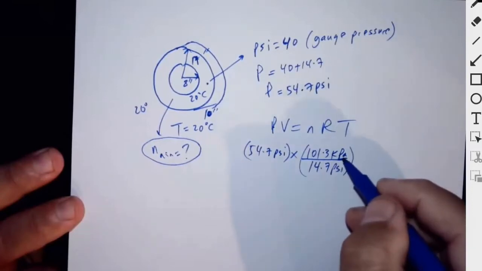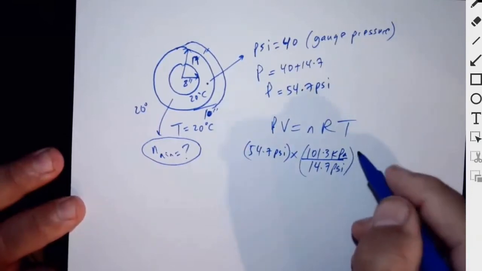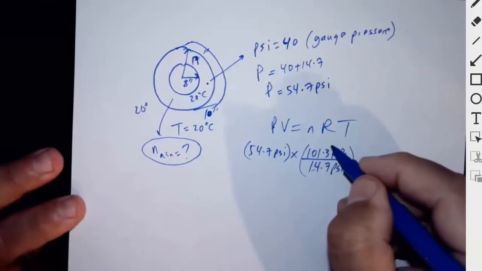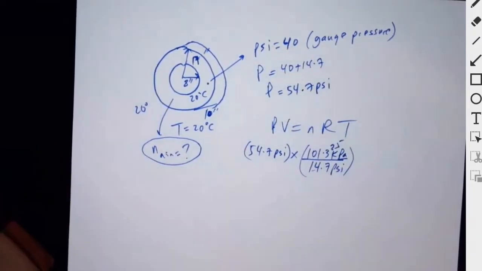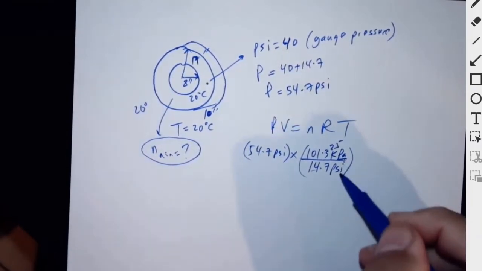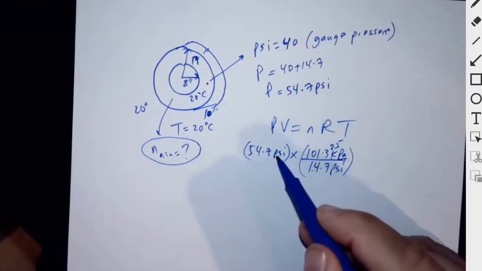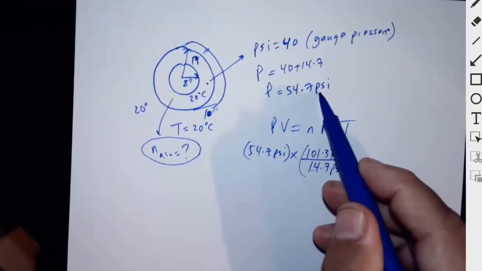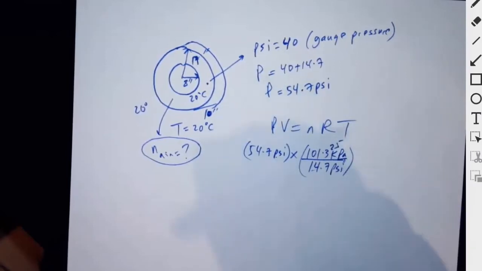I should say the 101.325 is better. In other words, remember 1 atmosphere was 14.7 psi, but it's also 101.325 kilopascal. So they're equivalent. So that's how you can translate from your absolute pressure in psi to kilopascal units.